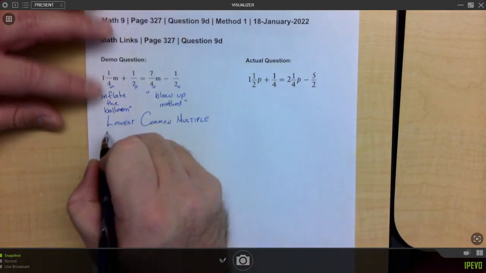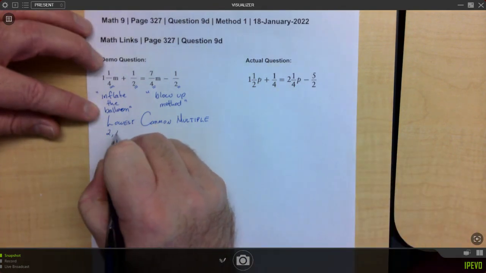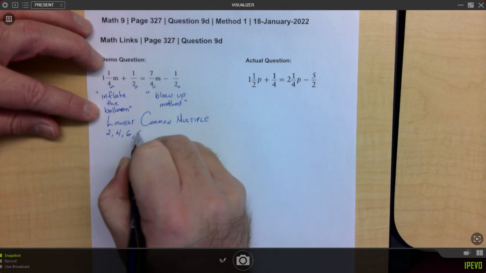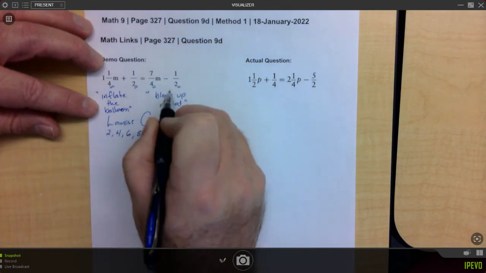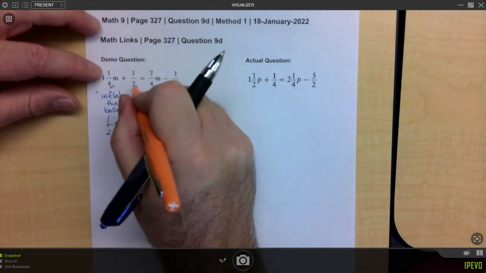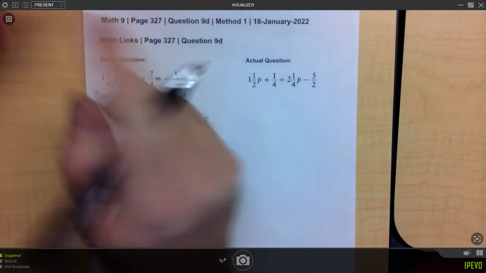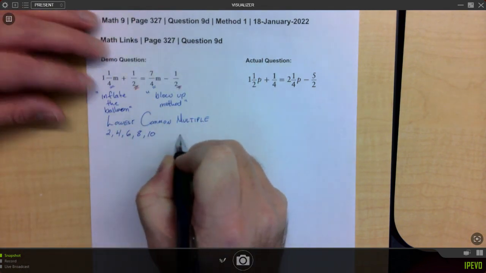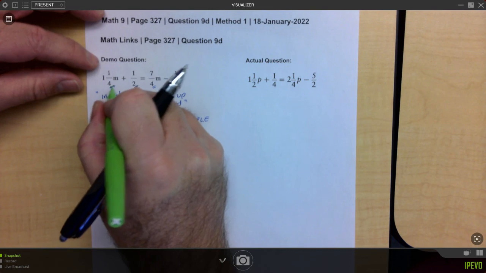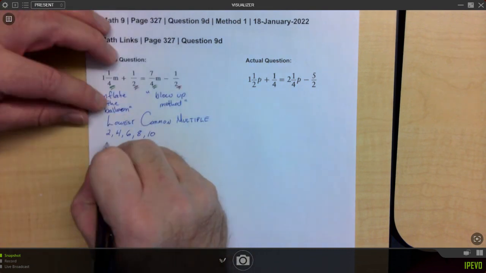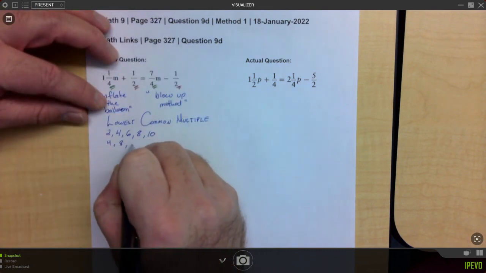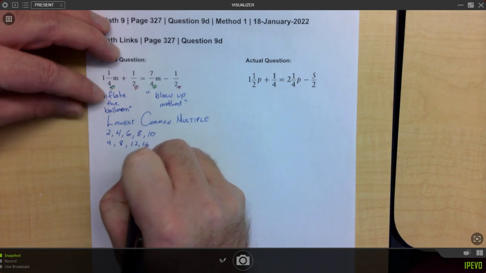You're going to start remembering, or if you need to, list them out. If I start counting by 2s, because 2 is one of my denominators, and now if I count by 4s, what is the first number they have in common? So 4, 8, 12, 16.